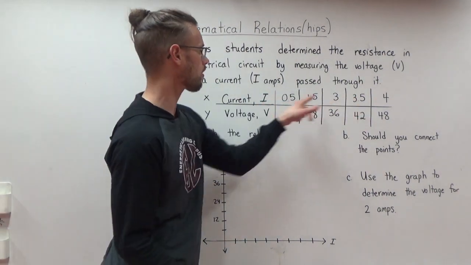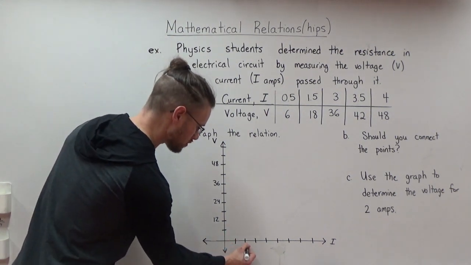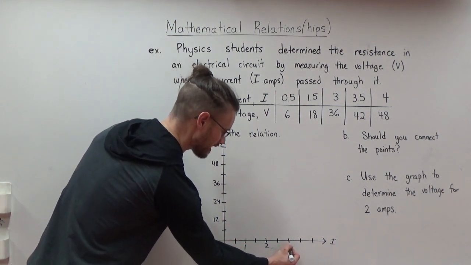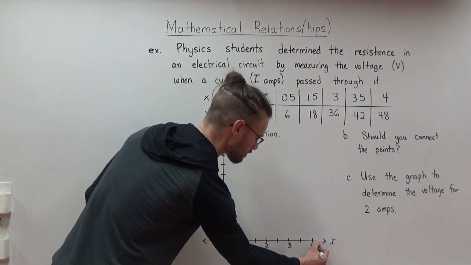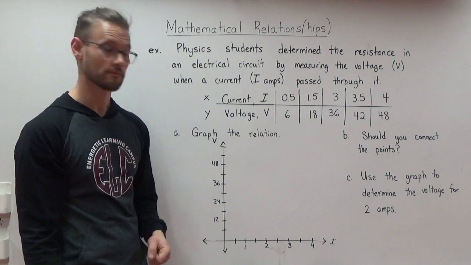Here, I notice that all of these are a multiple of a half, so I'm going to go every 2 ticks on my axis, I am going to count 1, so that means that every tick represents a half.